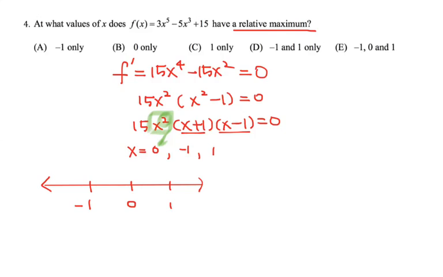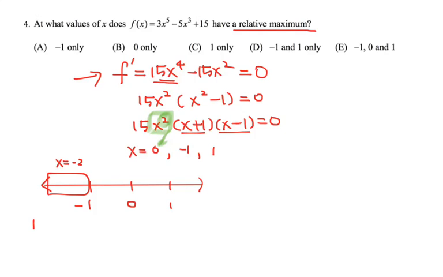Now, we have to plug in the values into the first derivative to see if any interval gets us the positive or negative first derivative. So if I start with a value below negative 1, such as negative 2, what if x equals negative 2?